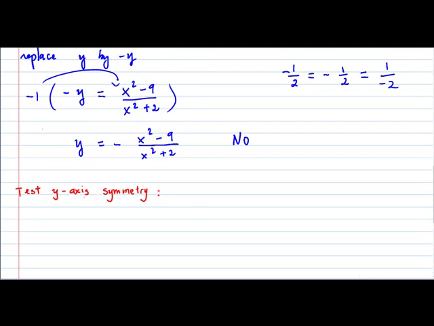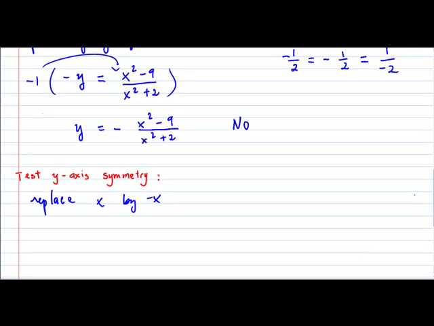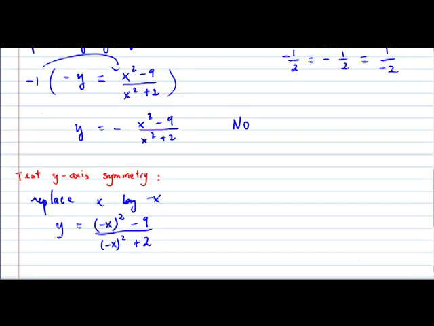For y-axis symmetry, we have to replace x by minus x in the original equation right here, and then we compare our result. So every time we see x, we replace it by minus x. So I have x squared replaced by minus x, and then squared, minus 9 over minus x squared plus 2. Then we simplify.